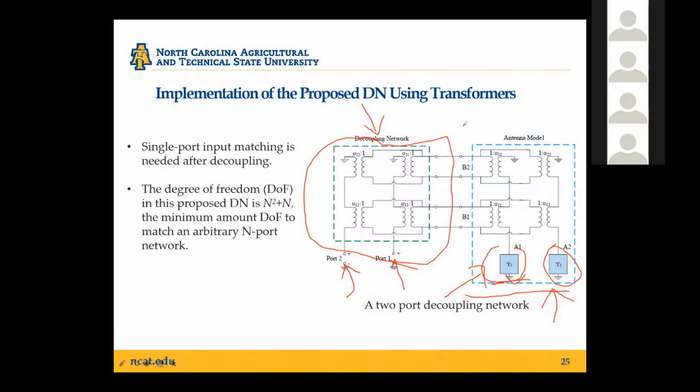And of course, it just achieves the decoupling. It does not achieve the matching. So you have to add single port matching networks after the decoupling network. But this decoupling network combined with the matching network has the lowest degree of freedom for a decoupling network of an n-port system.